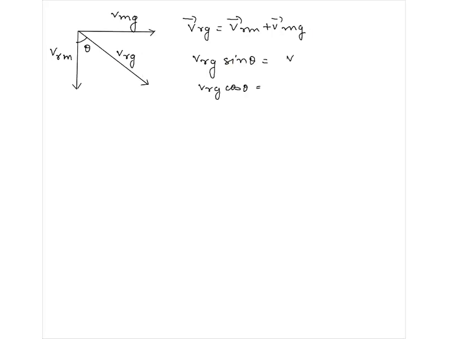VRG sine theta will be VMG, and VRG cos theta will be VRM. Any questions up to this point, let me know. Very well.